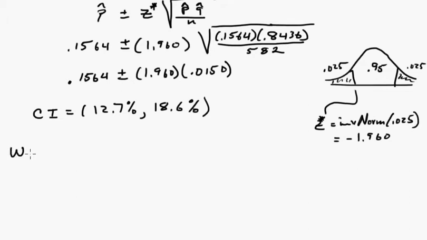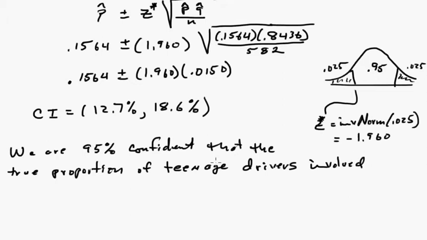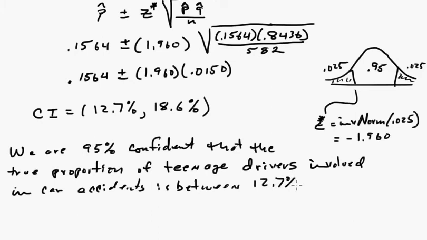What it means is we are 95% confident that the true proportion of teenage drivers involved in car accidents is between 12.7% and 18.6%.